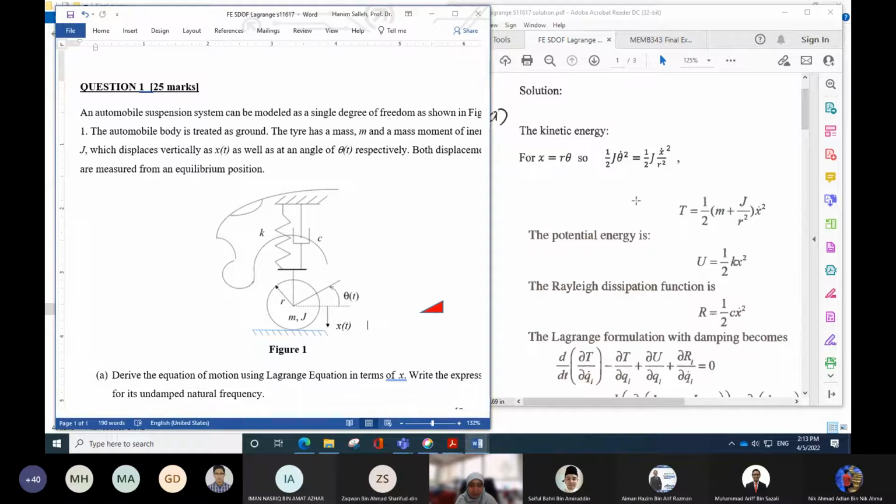The kinetic energy has two parts: you have the mass and also the J in this case.